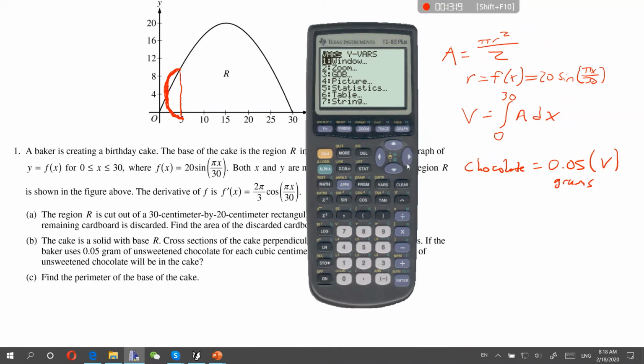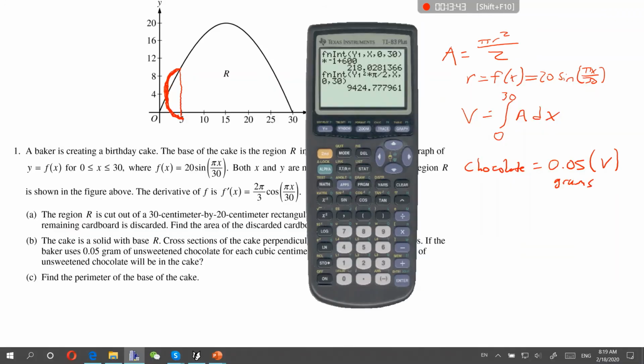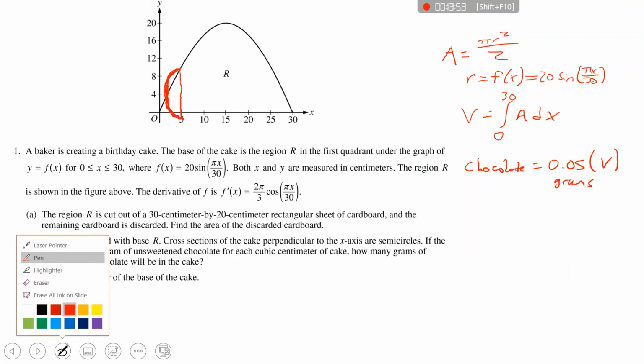This will be our function squared times pi over 2, in terms of x from 0 to 30. So our volume is 9,424.7 times 0.05.